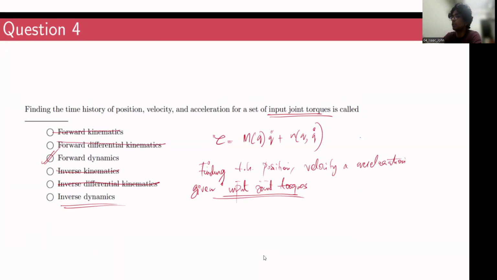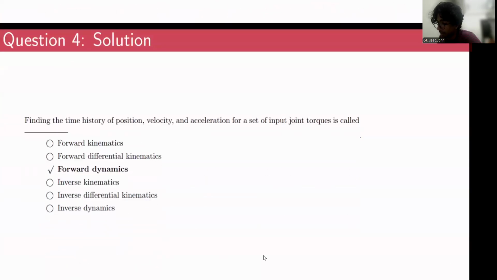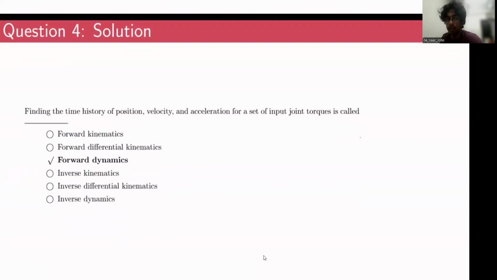You supply some inputs and see how the robot reacts. So that is the process of forward dynamics. Finding the time history of position, velocity, and acceleration for a given set of input torques is essentially a forward dynamics problem. So I'm sorry if I've confused. Again, if there is any confusion, please let me know.